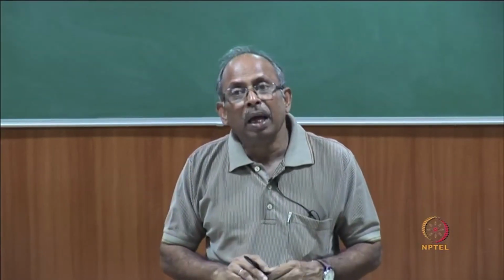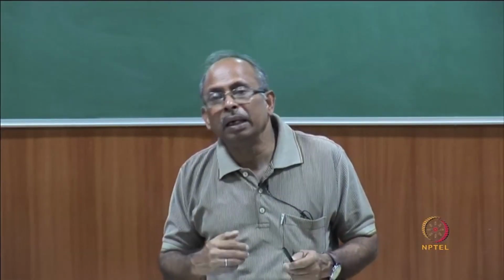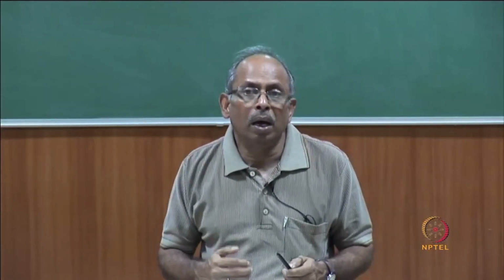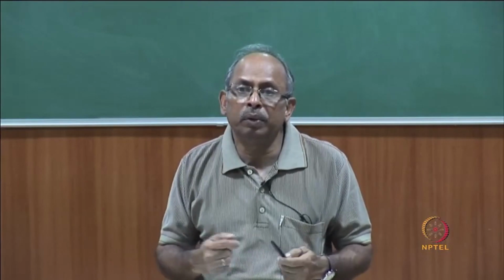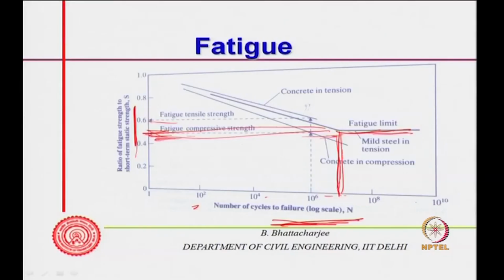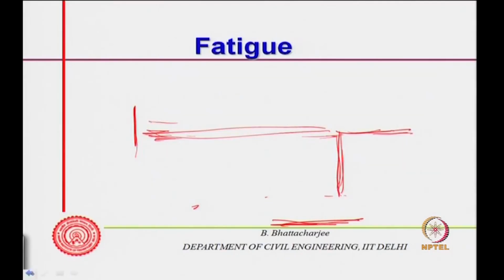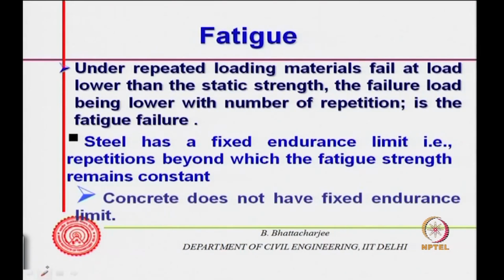So, that means if you apply less than 100 MPa and do stress reversal, it is actually not going to fail. Therefore, endurance limit is defined as the fixed limit beyond which the fatigue strength remains constant. So, what is fatigue strength?